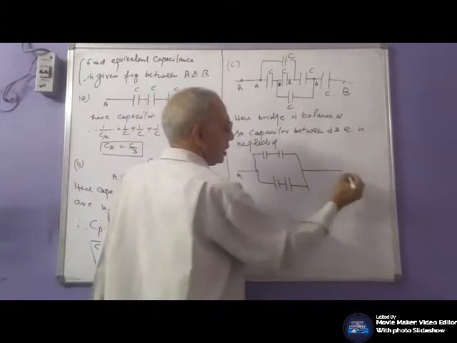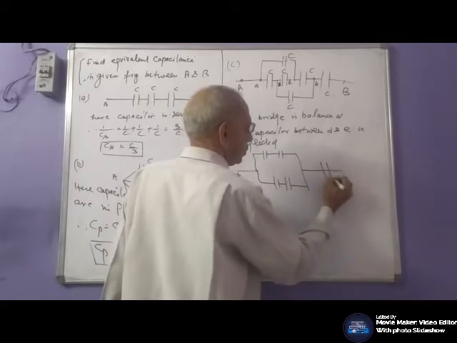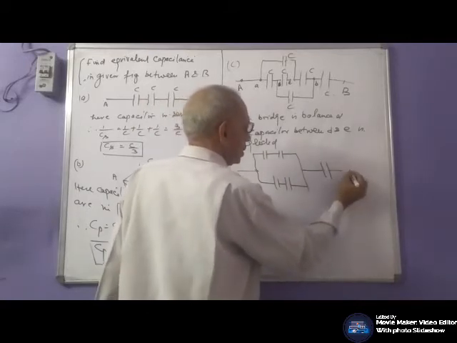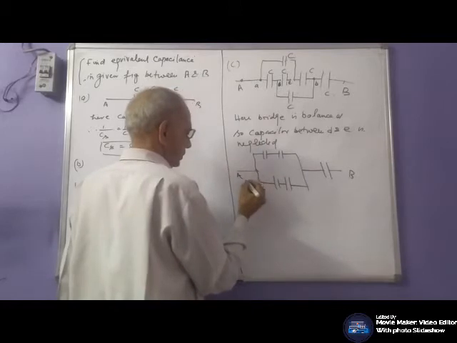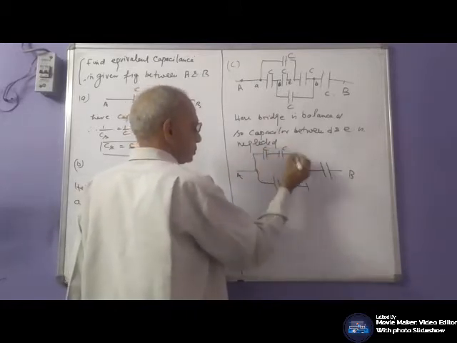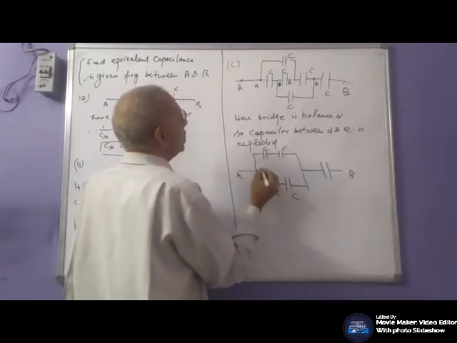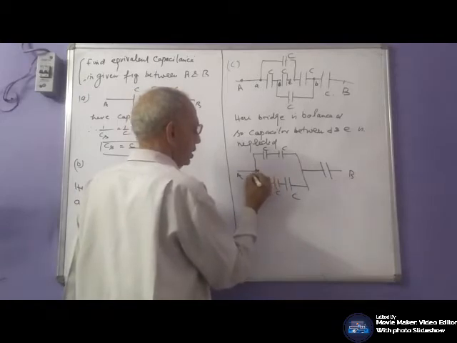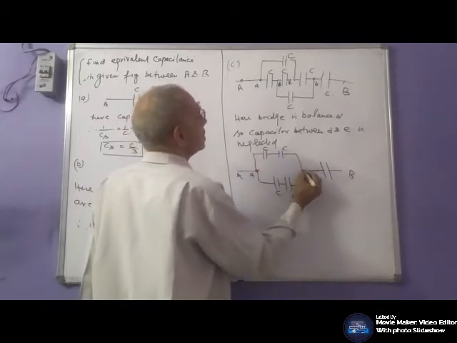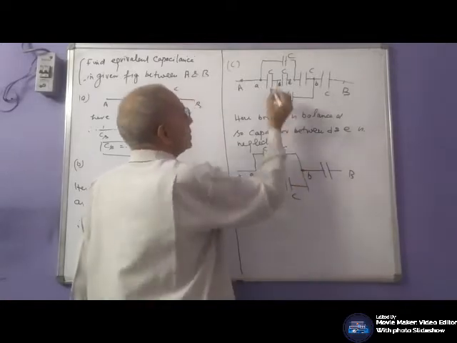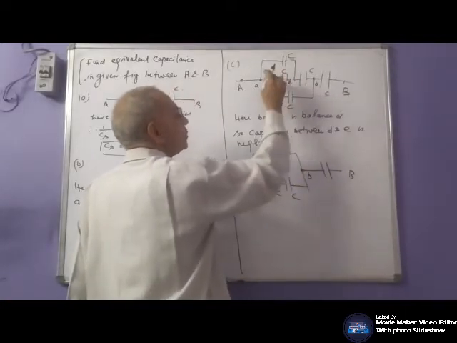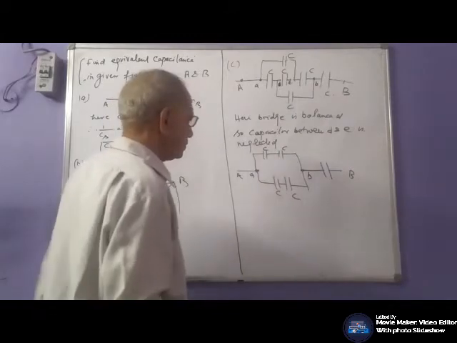This was A, this was B, and here it was small a, small b. This is neglected. The figure is this.